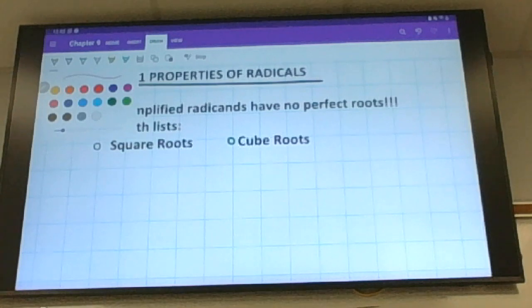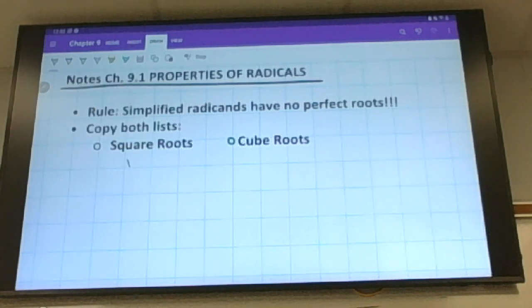Alright, so let's make a list of all the square roots. We got the square root of 0. That's 0. We got the square root of 1. 1. We got the square root of 4. We got the square root of 9.